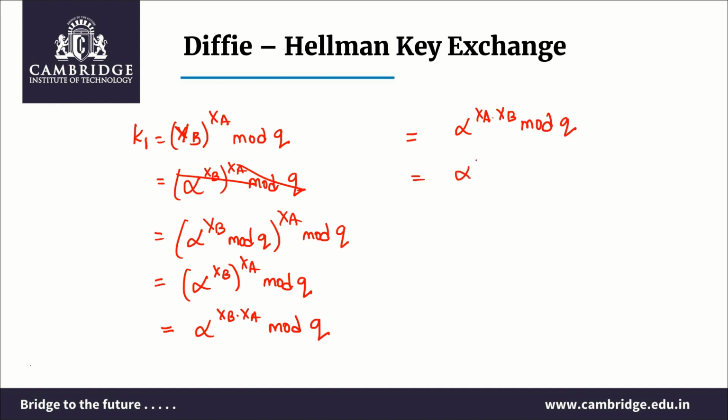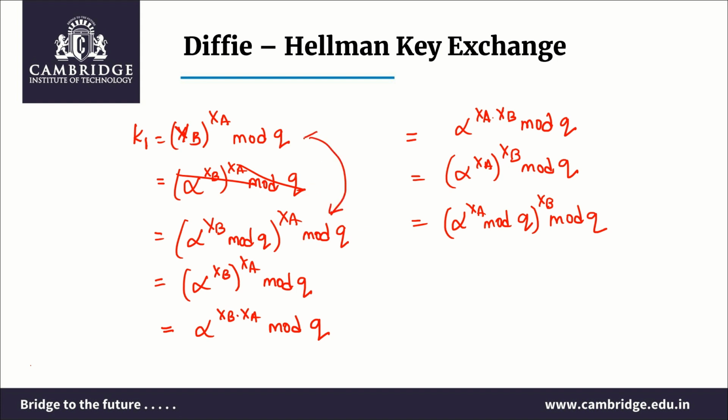Further, can I write this as alpha power XA whole power XB mod q? Obviously. Now, can I write this as alpha power XA mod q, power XB mod q? Yes, similar to what we have done from this step to this step.